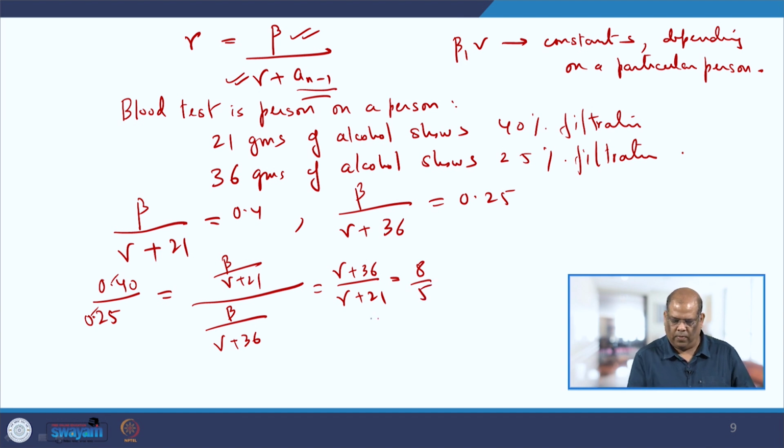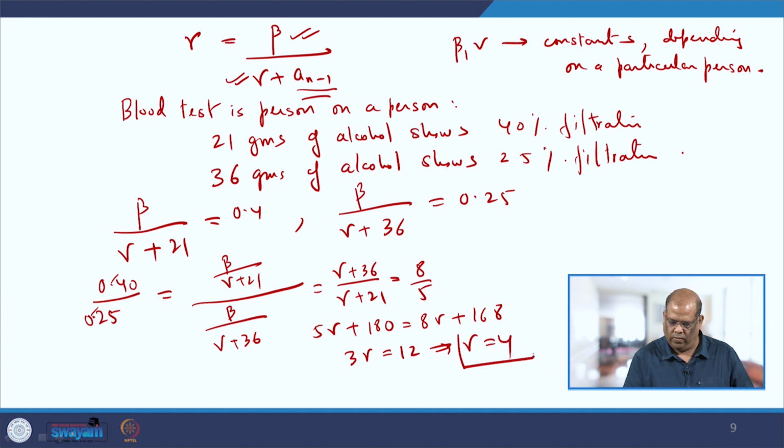So, simply cross multiply: 5 gamma plus 180 is equal to 8 gamma plus 168. So, 3 gamma is equal to 12, which implies gamma equal to 4.